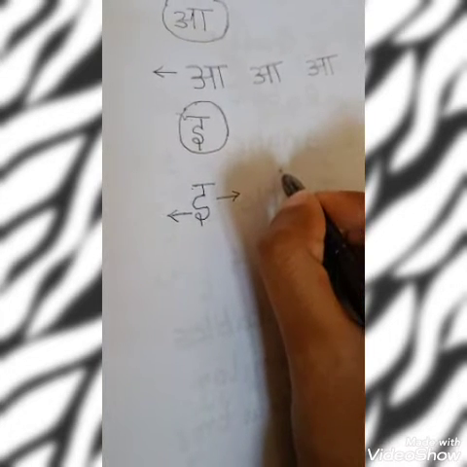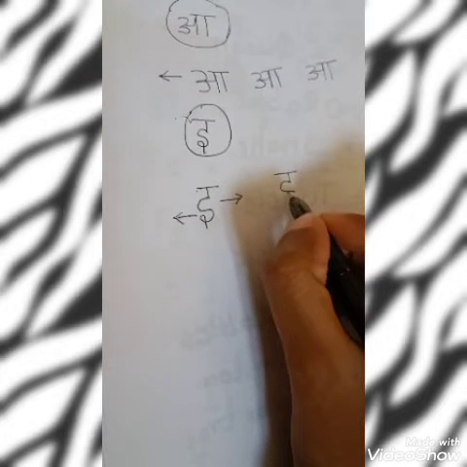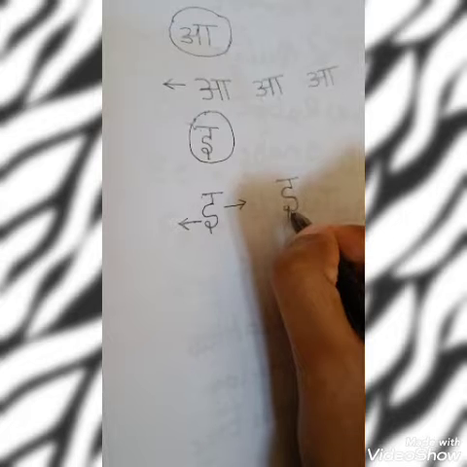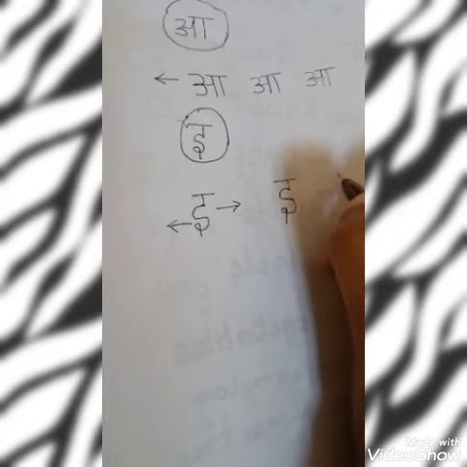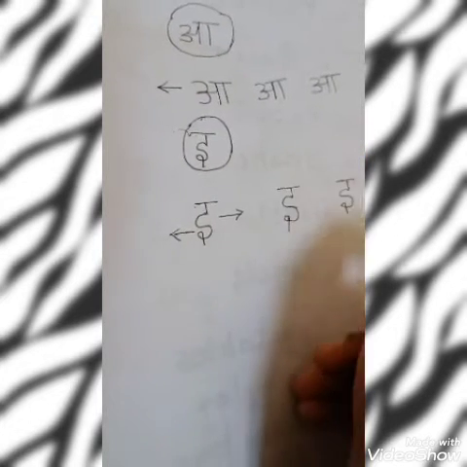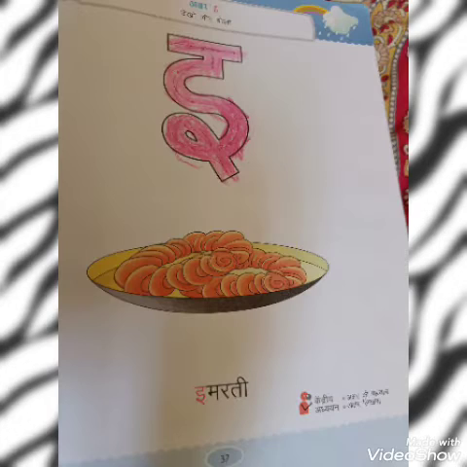The sleeping line which we are giving to every akshar is common. This E akshar starts with the standing line, make S, and at the bottom give a small tail. That's it. This is E. E say imarti.